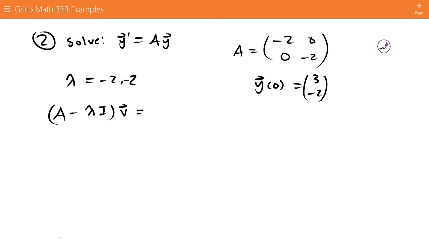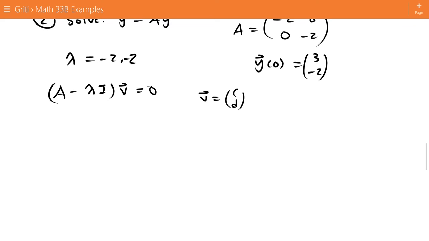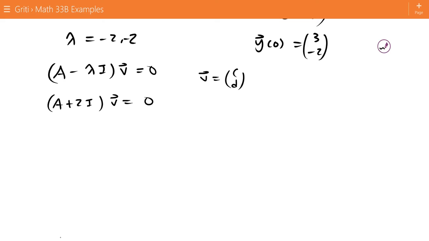We define v to have components c, d, which we're going to determine. We look at A minus (-2)I, so A plus 2I, times v, and we want this expression to equal 0.